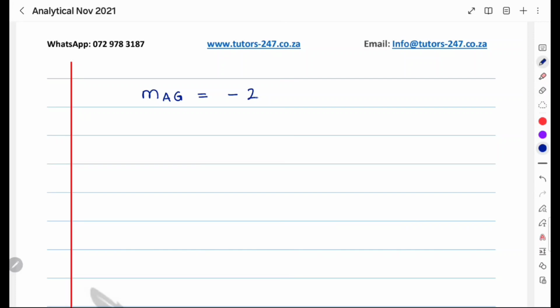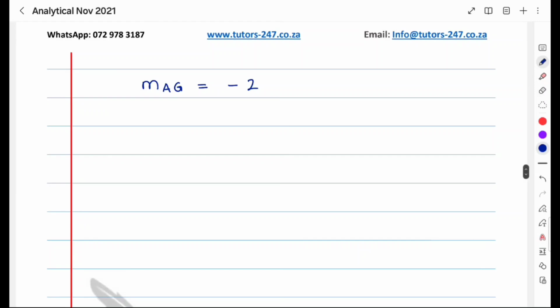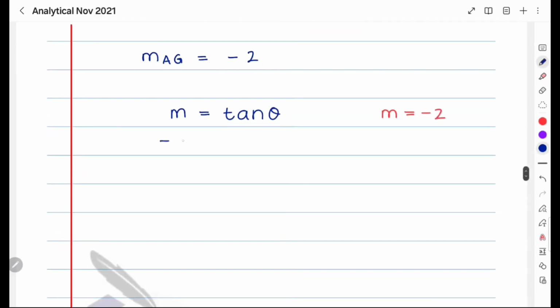Now that you have the gradient of AG, you can determine the angle of inclination of the line AG. So here, the formula that we are going to use is M equals tan theta, whereby M, which is our gradient, is equal to -2. We're going to substitute the gradient and then solve for theta.